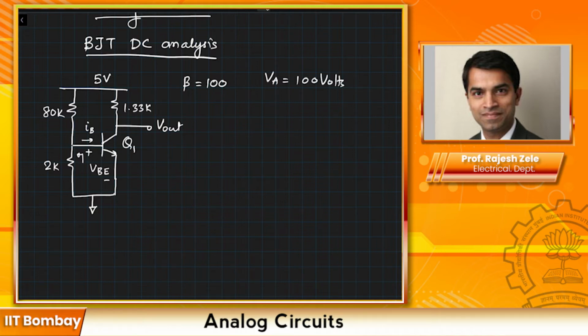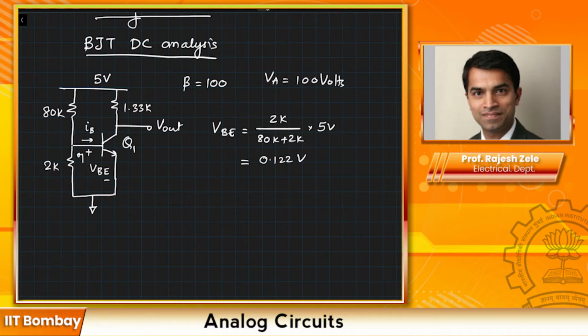You will quickly be able to tell that VBE is going to be 2K divided by 80K plus 2K, multiplied by 5 volts, which is equal to 0.122 volts. So it should be obvious that the base to emitter junction diode is not going to be turned on.